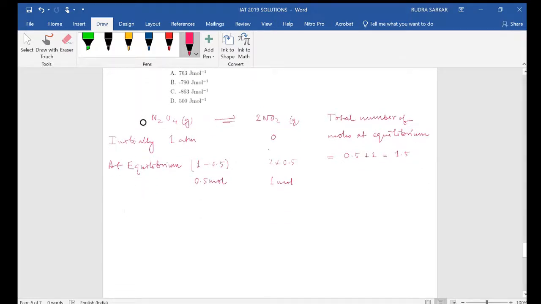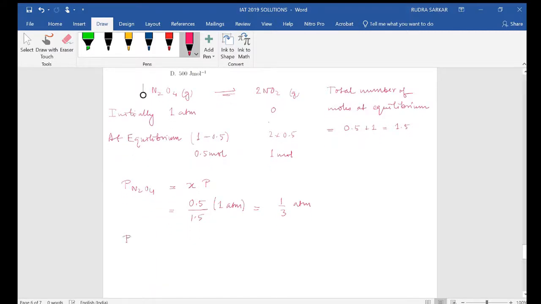So out here when we say the partial pressure of N2O4, it will be mole fraction into total pressure P, and that is going to be what? It is going to be 0.5 by 1.5 into 1 atm, which is the total pressure. So that stands out to be what? It is going to be basically 1 by 3 atm.